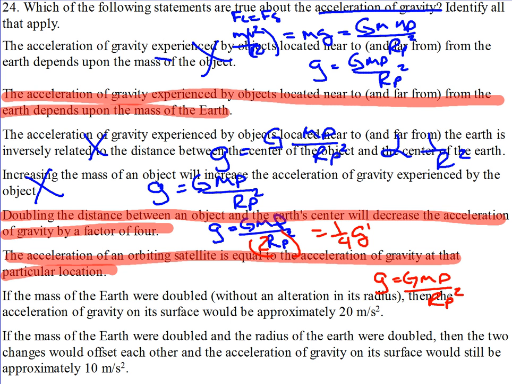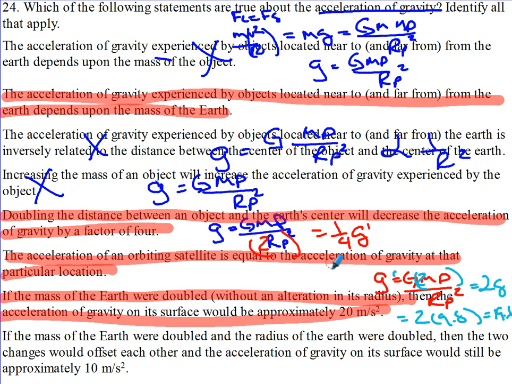If the mass were doubled, then gravity would be about 2g. Well, g is about 9.8, so this would be 19.6. Is that close to 20? I would call that pretty close to 20.